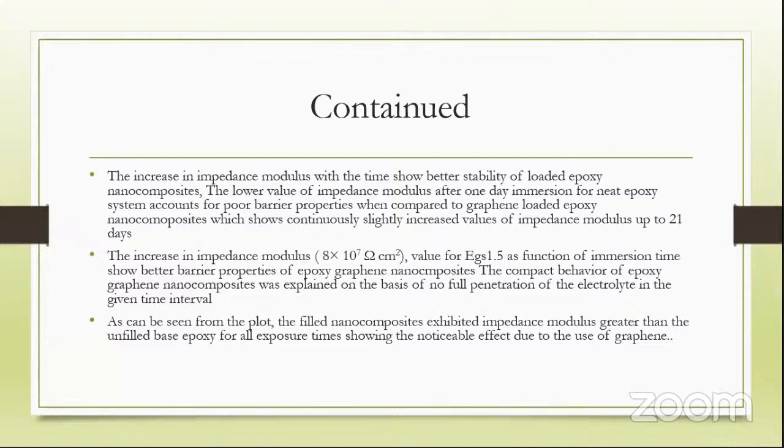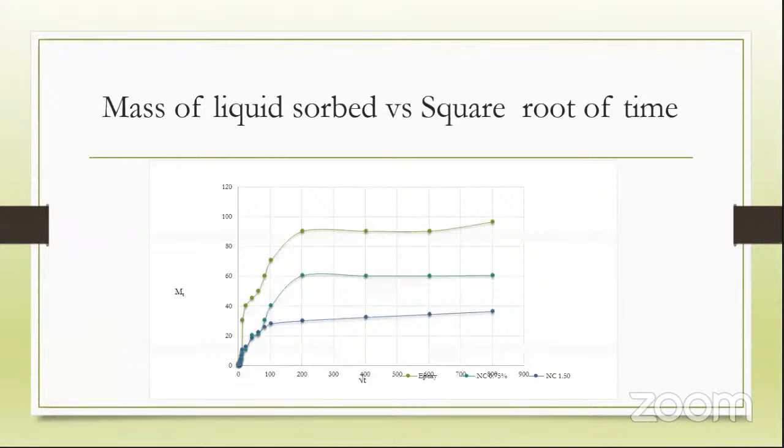In the next part, I carried out my studies for calculating the water diffusion coefficient. This is a plot of the mass absorbed against the square root of time for epoxy graphene nanocomposites as well as the pristine epoxy system.